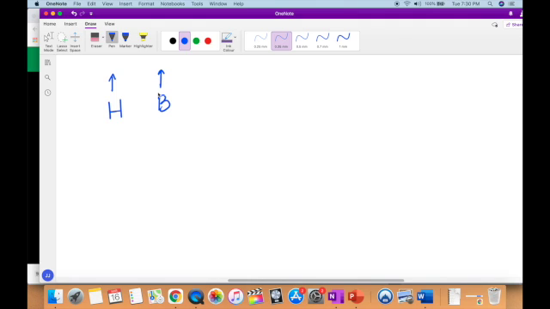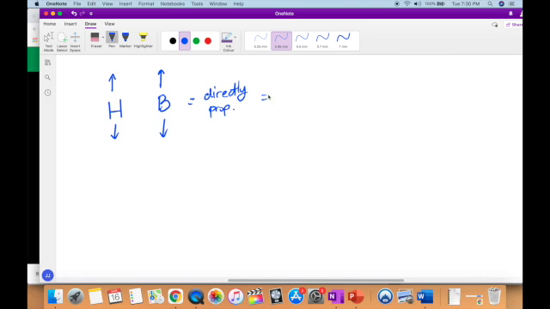You all agree? Yes, sir. Right. So when the two of them are going in the same direction, so if your heart rate decreases, your blood pressure will decrease. So when they're going in the same direction, we say this is directly proportional.